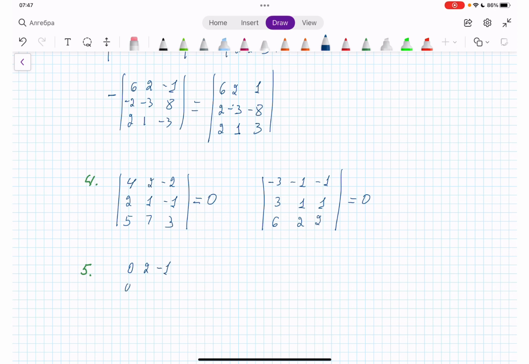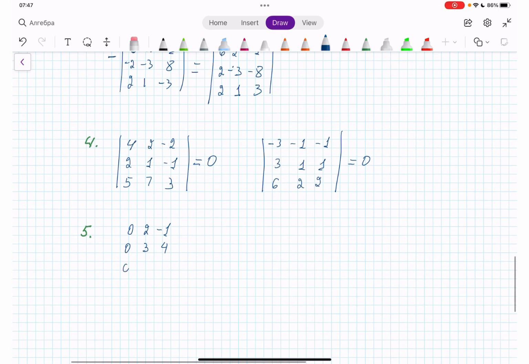We have 0, 3, 4, and we have 0, 4, 5. In this case, the first column is all 0. Therefore, the determinant is 0. Well, you can solve it.